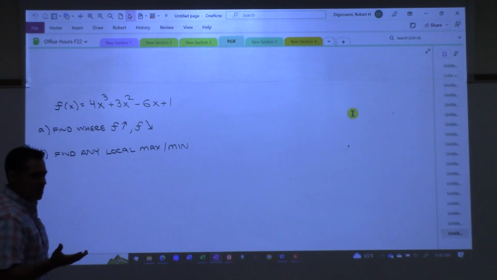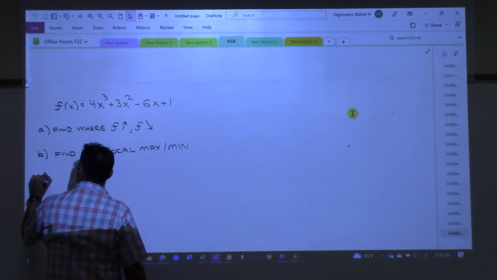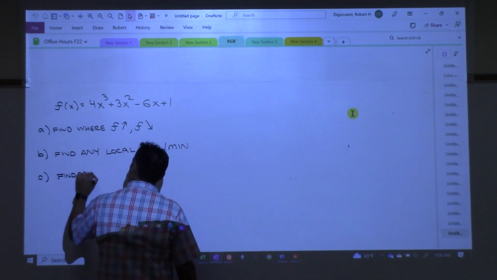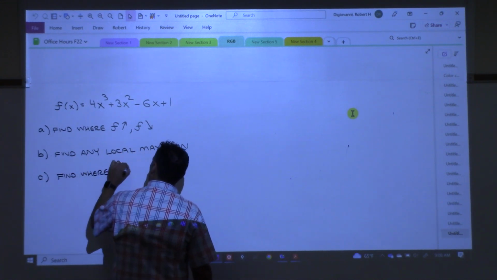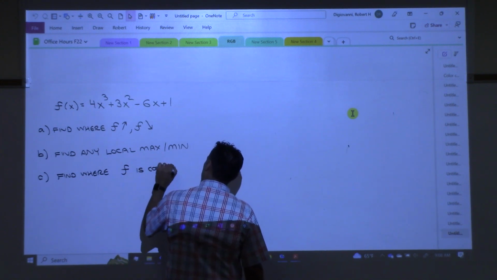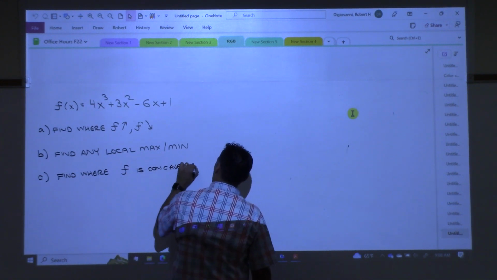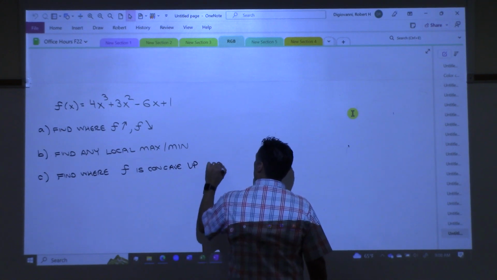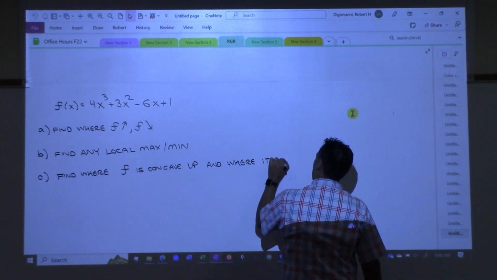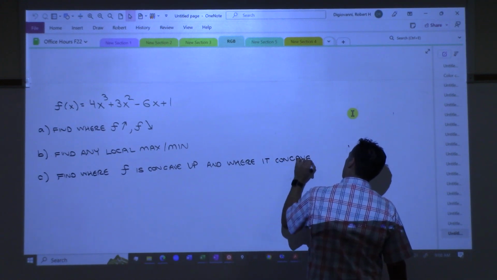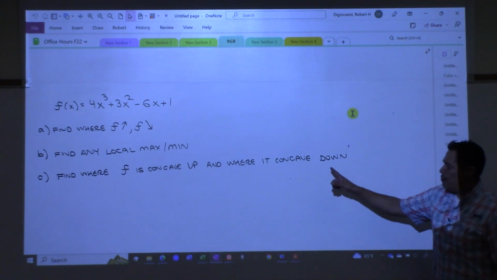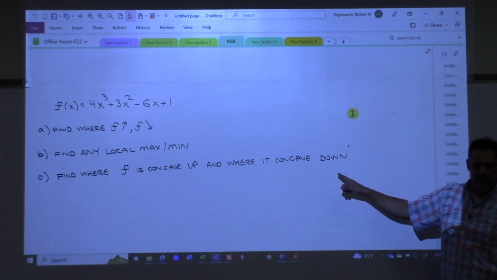Part C and part D are going to be new. Part C, I want us to find where the original function f is concave up and where it's concave down. Now that's a lot of words to write, right?